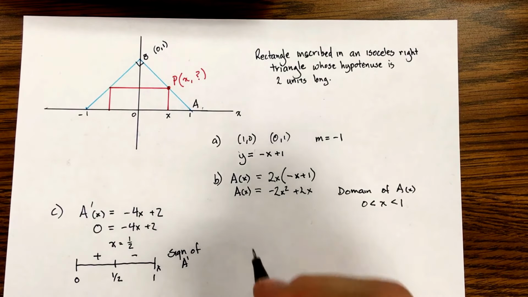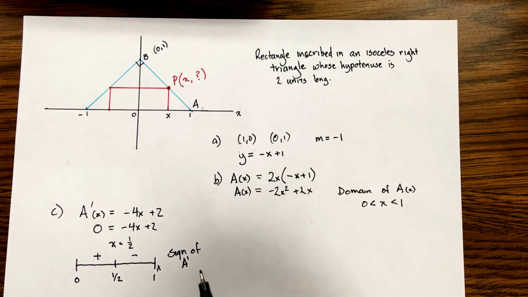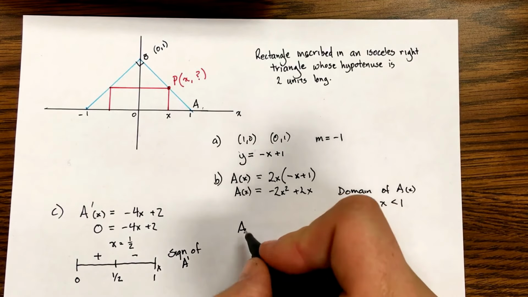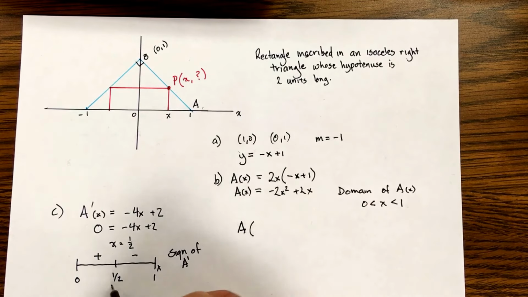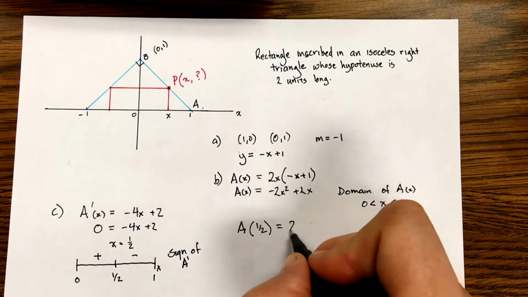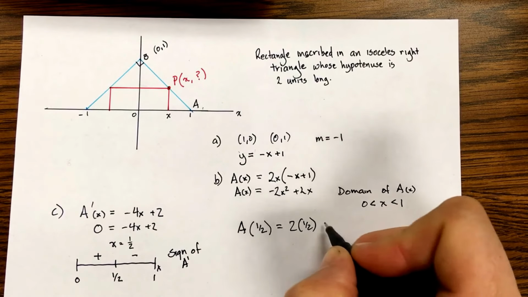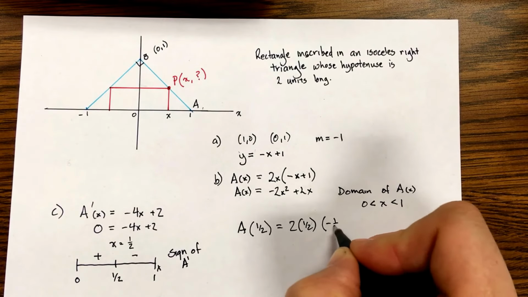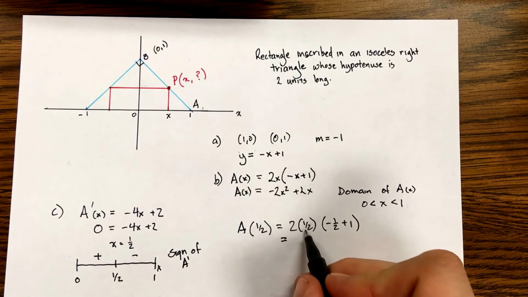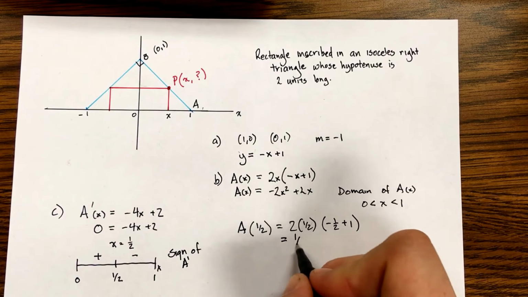We were not just asked for where the maximum occurs, but we want the area. So the next thing I'm going to do is find the area when the input is 1/2. Going back here, that's 2 times 1/2 times -1/2 plus 1, which is 1 times 1/2, so 1/2.